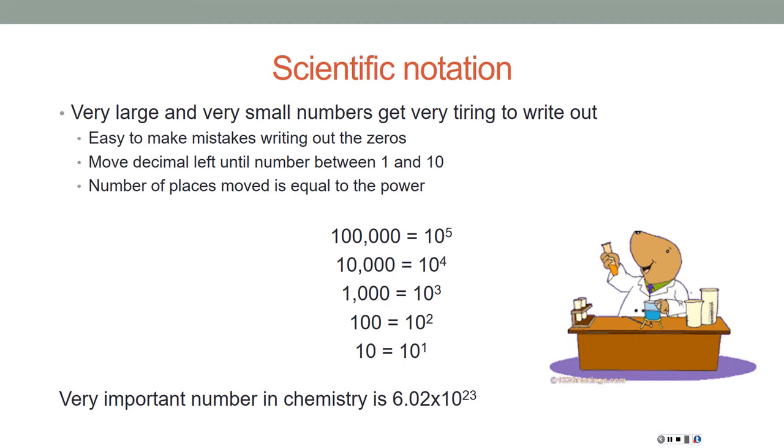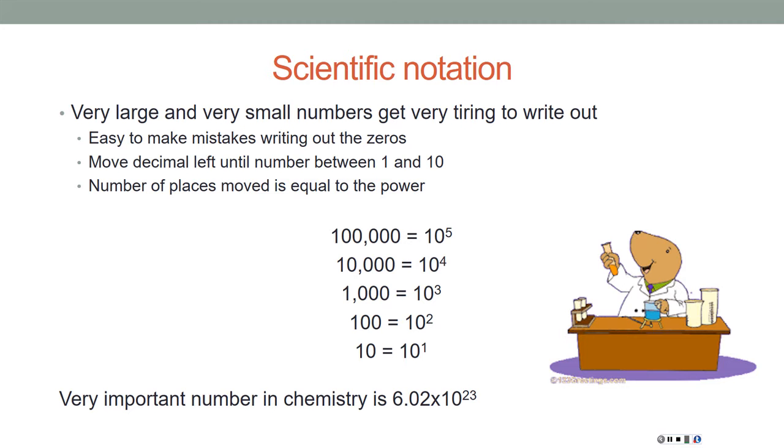And then, as you're doing that, you're going to count the decimal moves. So our decimal right here is where it starts. And we have two options. We can either move it to the right or the left.